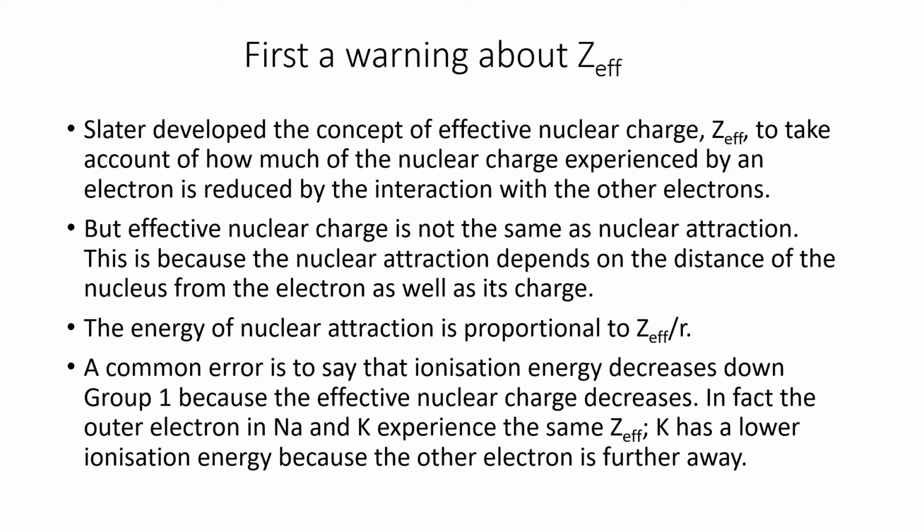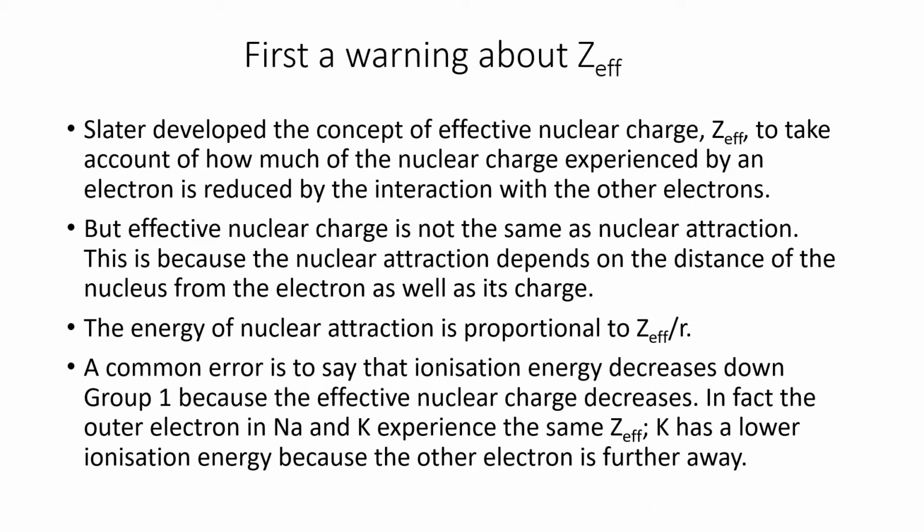Curiously, when you go from sodium to potassium, the outer electron actually experiences the same effective nuclear charge. And this is because when you go from sodium down to potassium, of course you gain another 8 protons in the nucleus, and you gain another 8 electrons, and those 8 electrons will actually be like a core. It'll be like a new second shell.